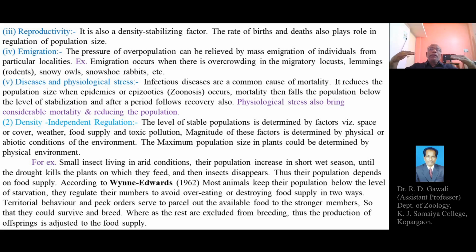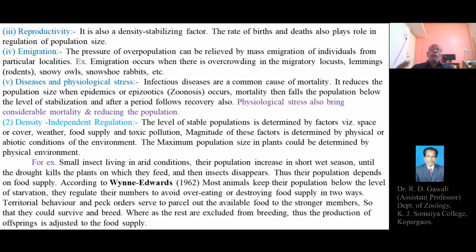So when in an area there is an increased birth rate and lower mortality rate or death rate, ultimately the number of individuals in a population will increase.